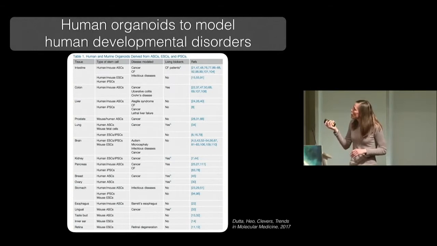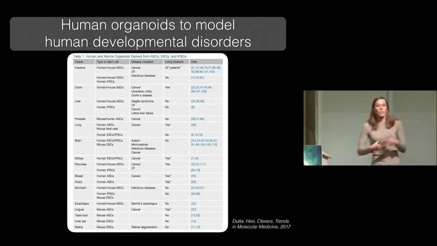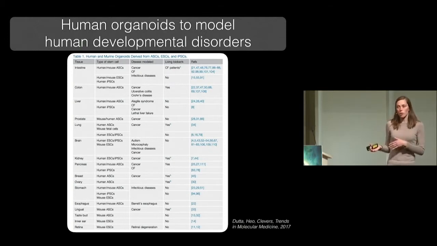I should point out that there are different types of stem cells, ASCs and ESCs or iPSCs, and the ASCs are the adult stem cells from which you can make organoids, and this is what we saw in Priska's talk, in Alexander's talk earlier today.